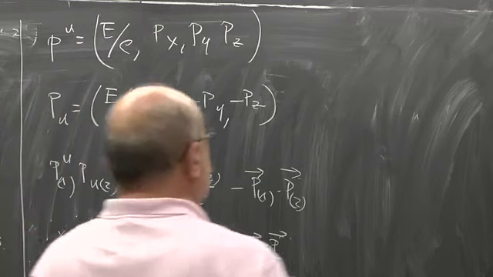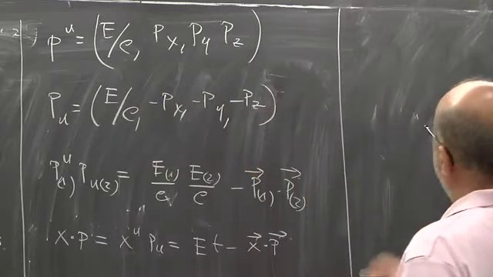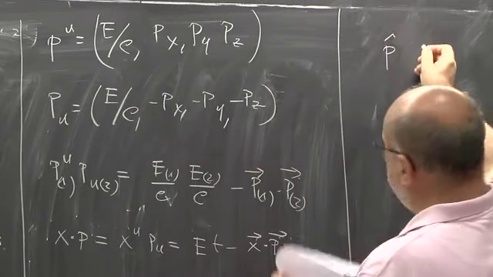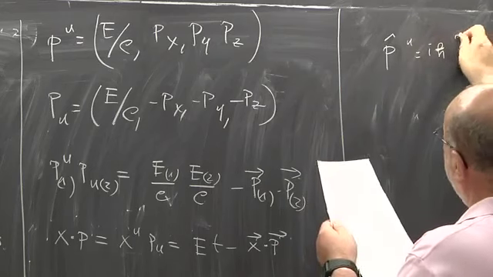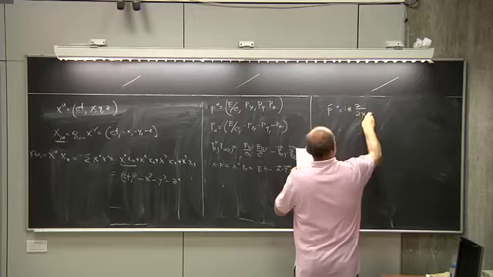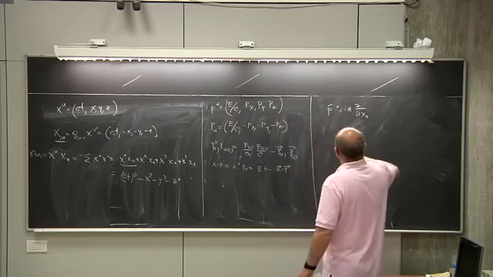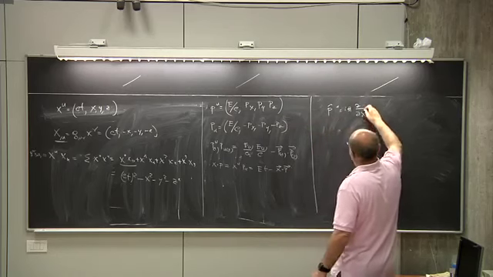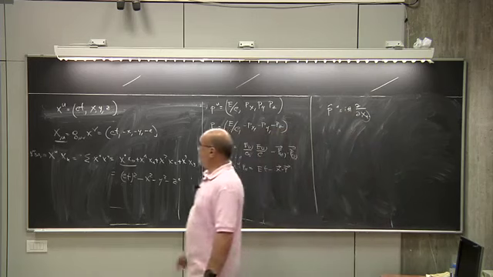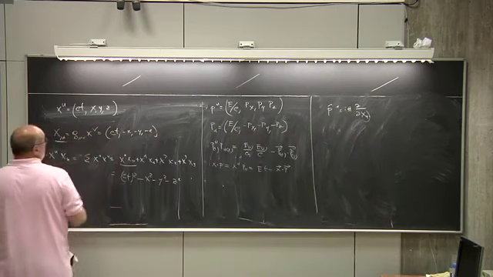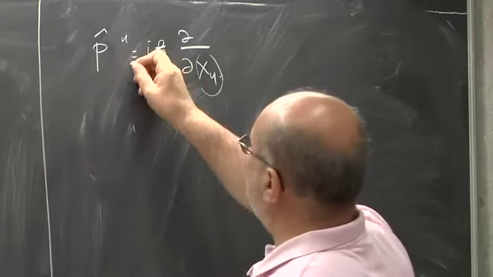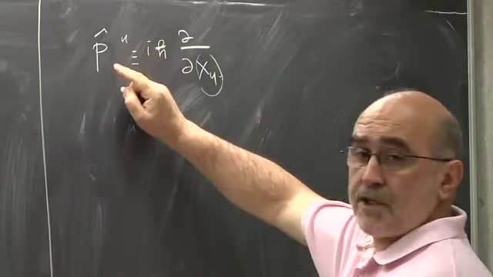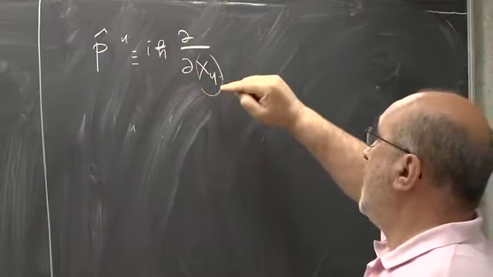Now, the 4-quantity that we will define is the following. We will define a momentum with index up, defined in this manner. Now, this object with the index down is the covariant. So this is a definition, a definition of a differential operator in this manner.